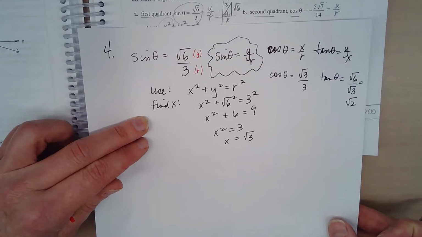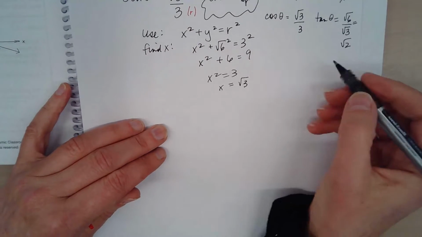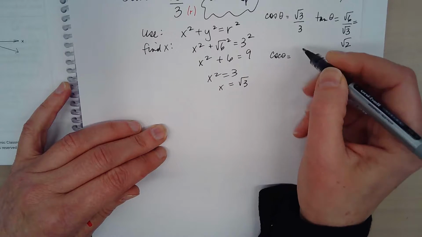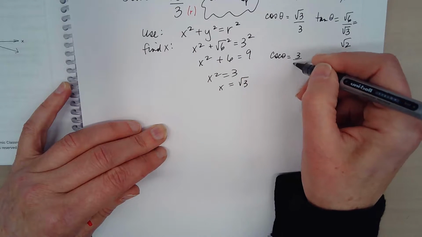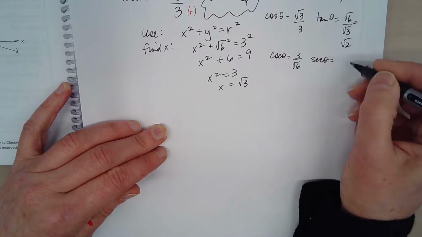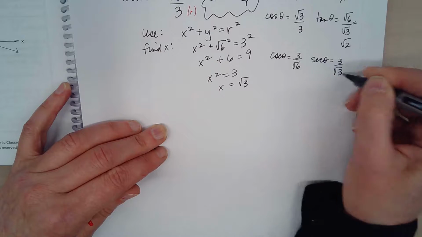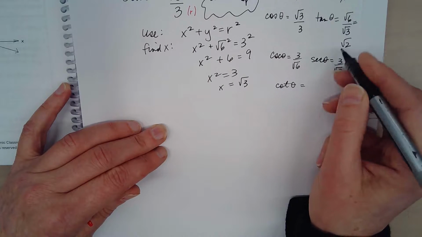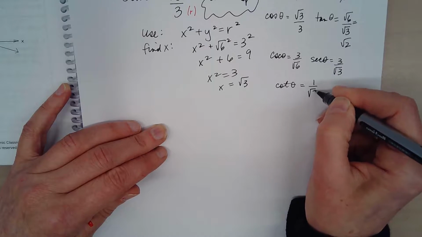It says find the angle too. Okay. And then my reciprocals are going to be cosecant equals the flip of sine, so 3 over root 6. Secant is the flip of cos, 3 over root 3, and I don't have to rationalize. And cotan equals, I guess, 1 over root 2.